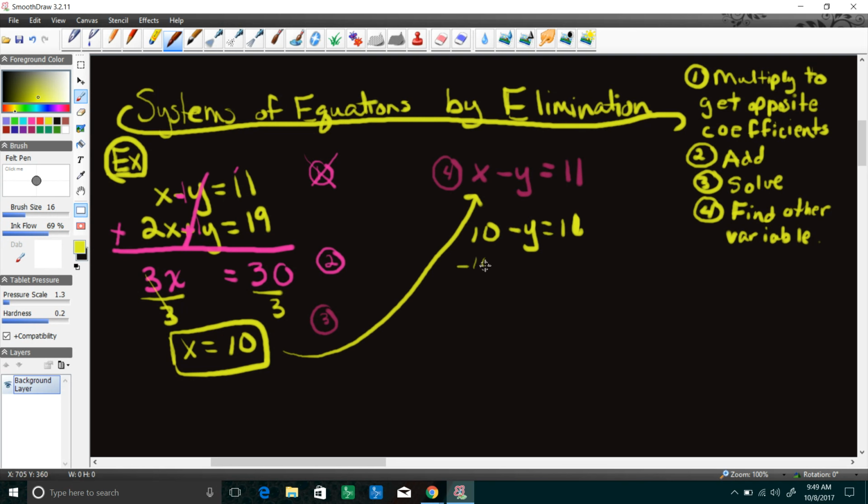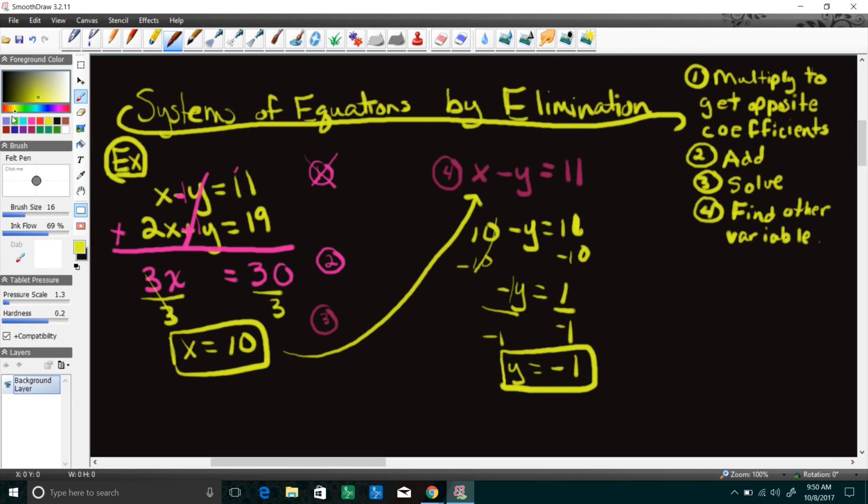So here I do minus 10 minus 10. Hopefully you're getting a little bit better at this. This gives me negative y is equal to 11 minus 10 is just 1. Divide by negative 1 to get rid of this negative. Remember that there is an imaginary 1 here. Okay, so y is equal to 1 divided by negative 1 is just negative 1.